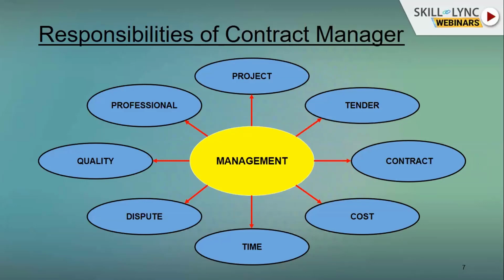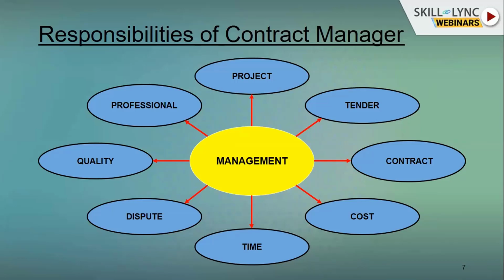Any owner or CEO of a company will tell you, as a contract manager of the company, the project name, details, and everything. The work starts with the tender, followed by the contract, allocation of time, and so on. We have to carry out the project within the desired quality, and definitely no one wants to go into dispute, because dispute is a major and vast topic in contract management.